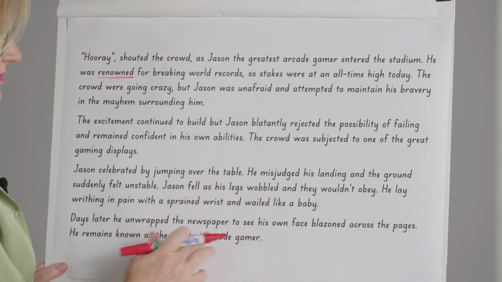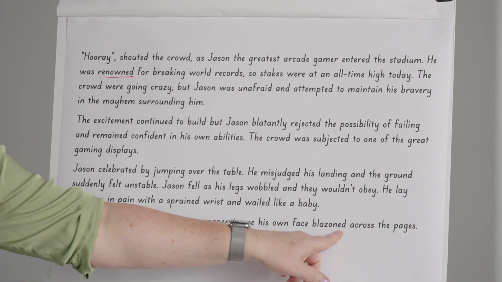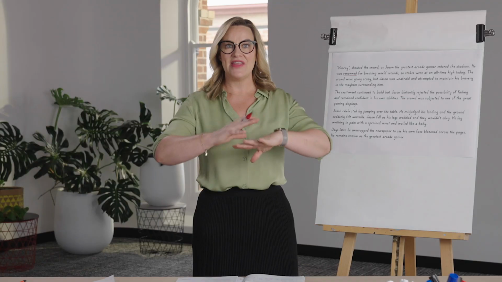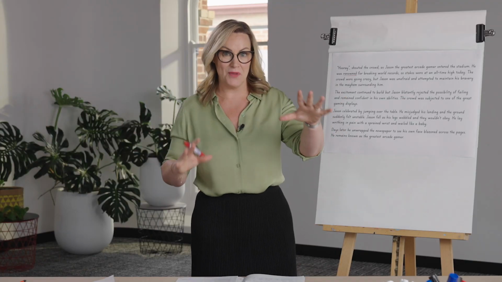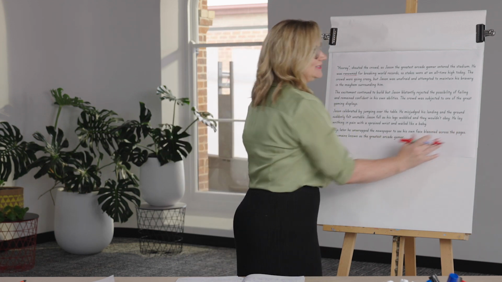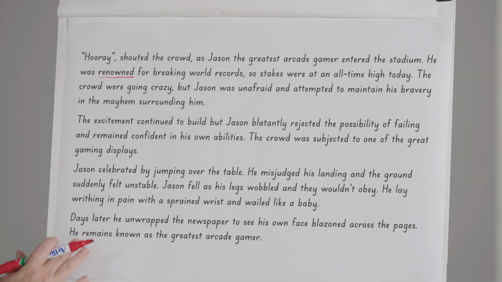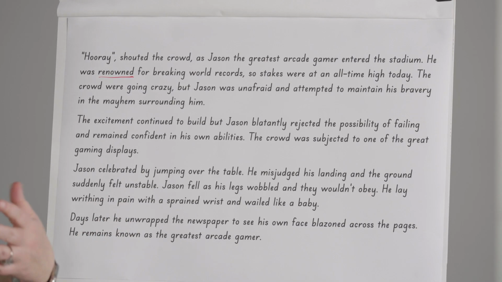So he unwrapped the newspaper to see his own face blazoned across the pages. Now that means that it's very, very, very big and bold and easy to see on the page. Blazoned across the pages. He remains known as the greatest arcade gamer.